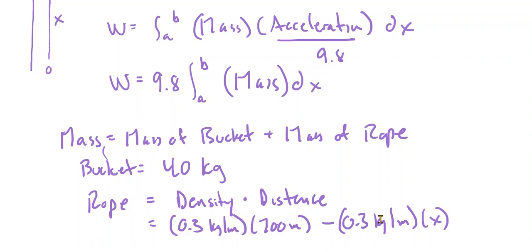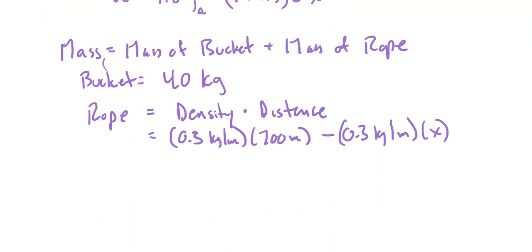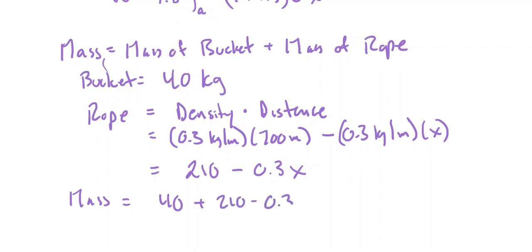That's sitting on top of the building, etc., etc. So that means that the mass of the rope is 0.3 times 700, which is 210, minus 0.3x. So the total mass is the mass of the bucket, which is 40, plus the mass of the rope, which is 210, minus 0.3x. And that, of course, then becomes 250 minus 0.3x.